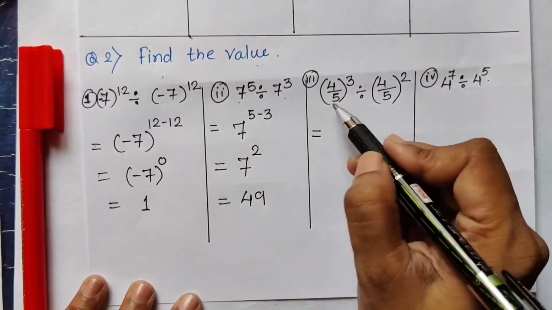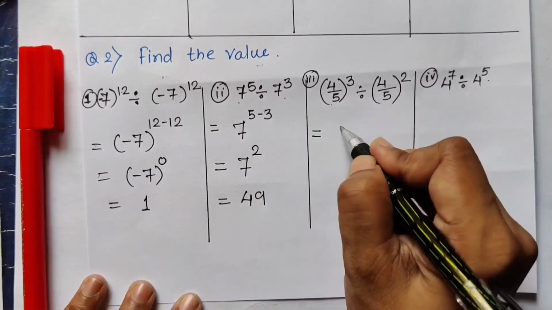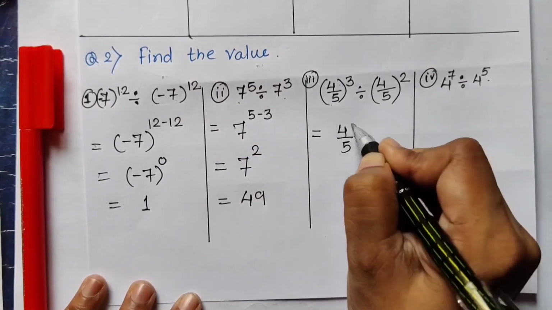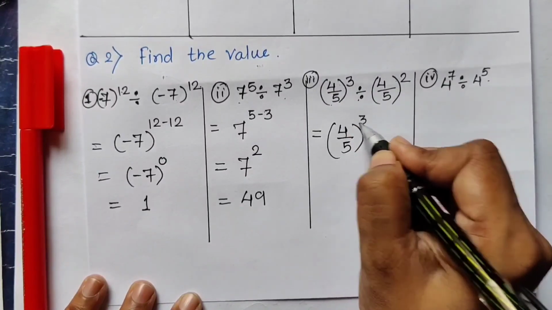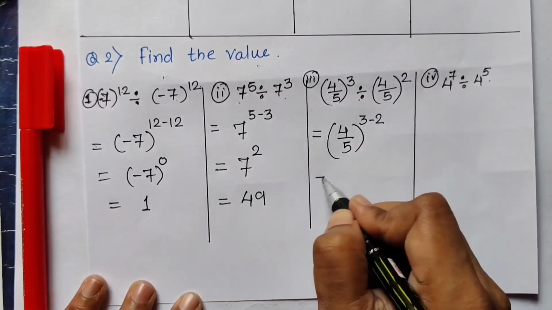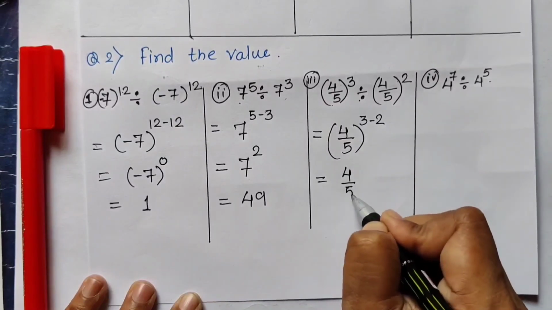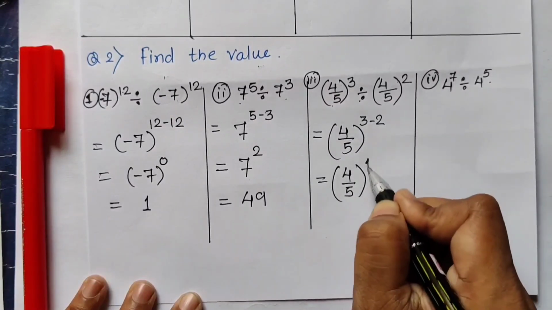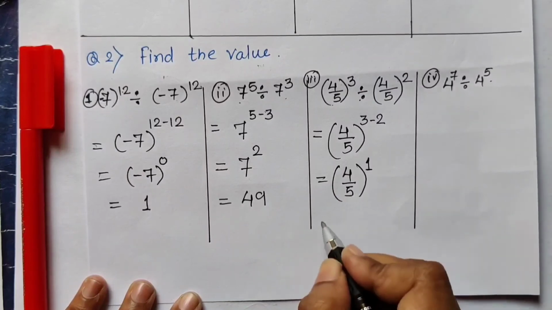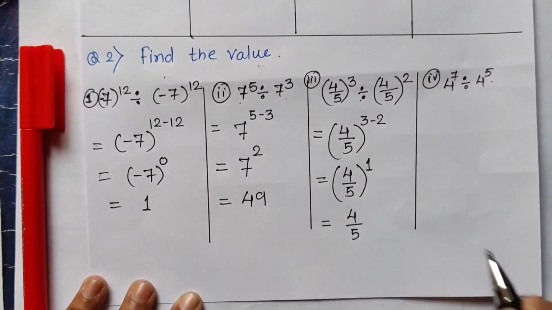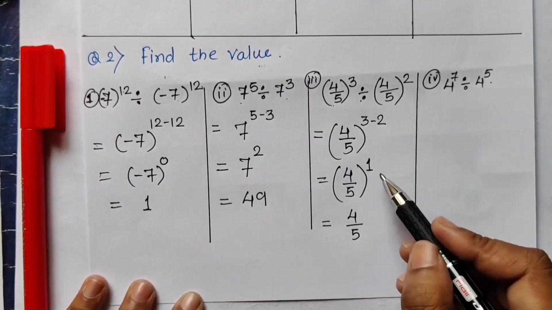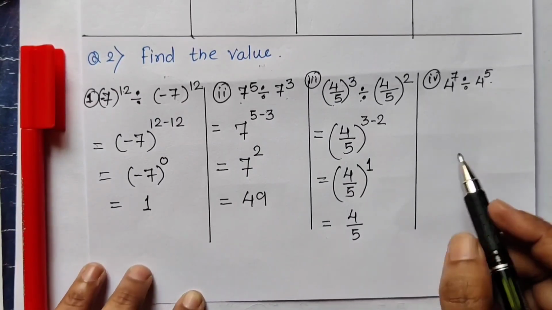Now in the third sum, 4 upon 5 is the common base. Division is there. That means we have to subtract the index, 3 minus 2. So 4 upon 5. What is 3 minus 2? 1. Any number with index 1 means answer is the same number. When any number has the index 1, that means answer is the same number.